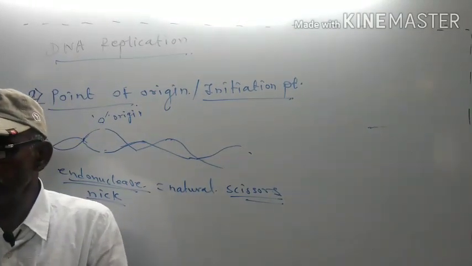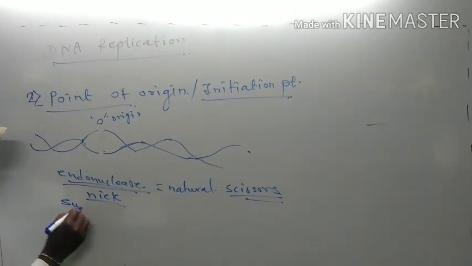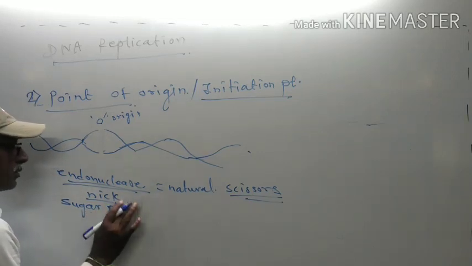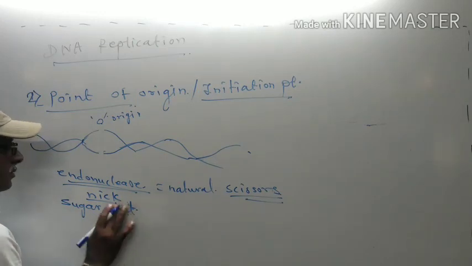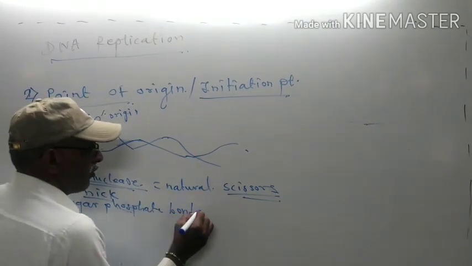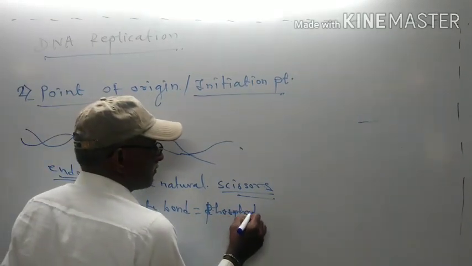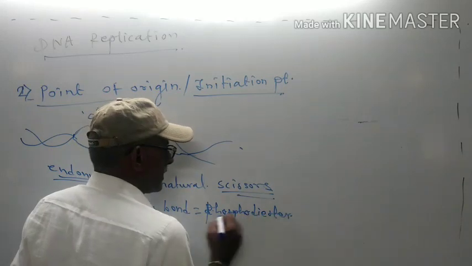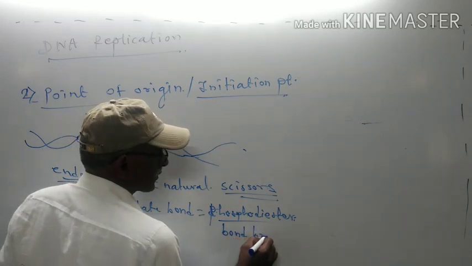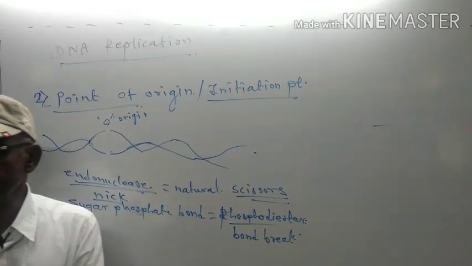A nick is given and the sugar phosphate bond breaks, that is, the phosphodiester bond, also called the backbone of the DNA. The phosphodiester bond breaks and the strands get separated.